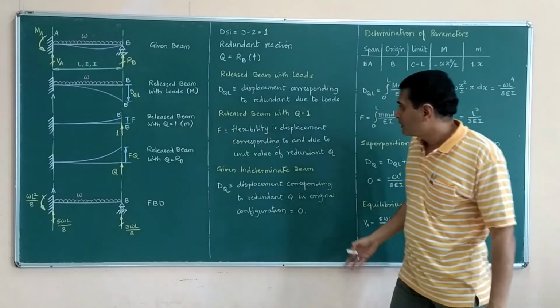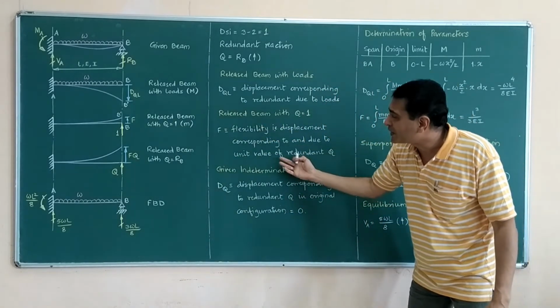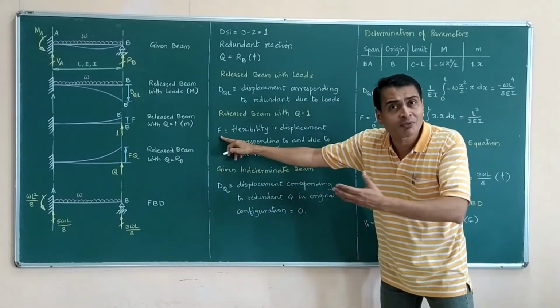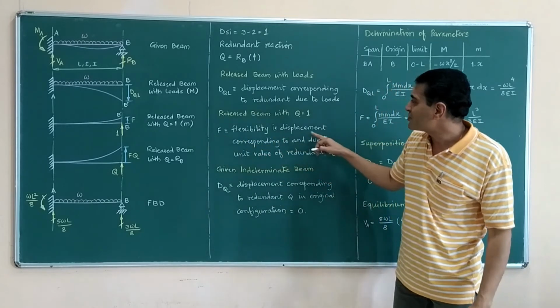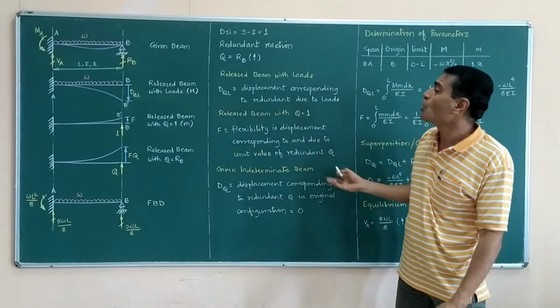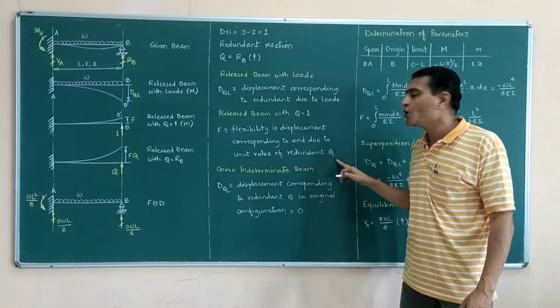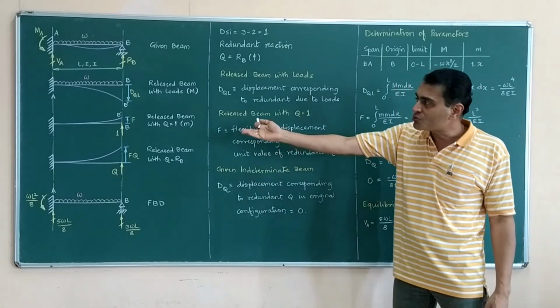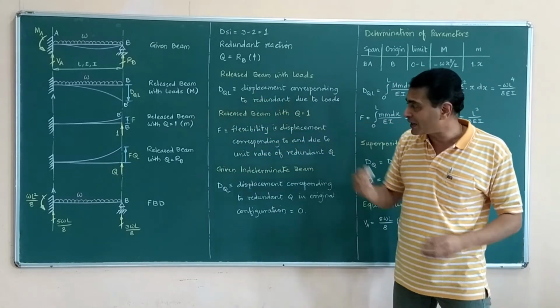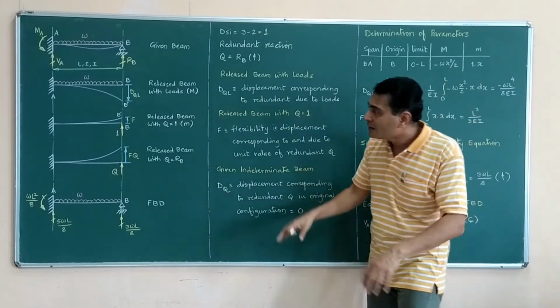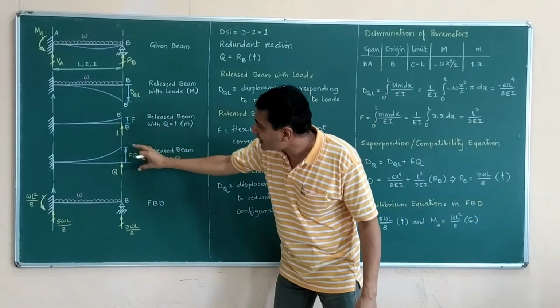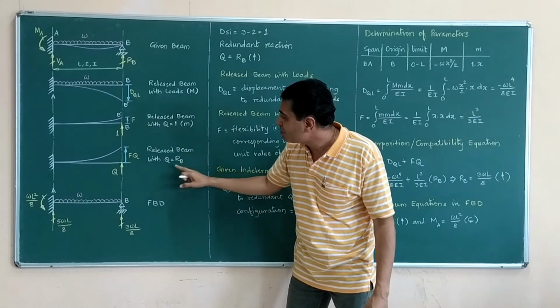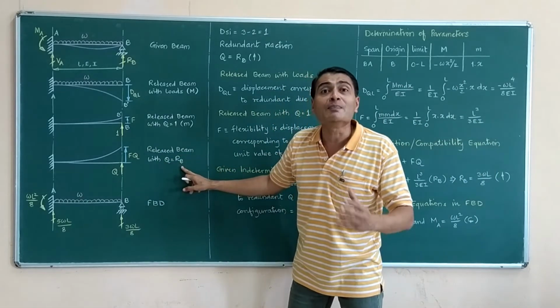And now, this is what I have written. F is flexibility, whatever we discussed just now. It is displacement corresponding to and due to unit value of redundant Q as we are observing in that particular diagram. And then I have shown this diagram, released beam with Q is equal to RB.